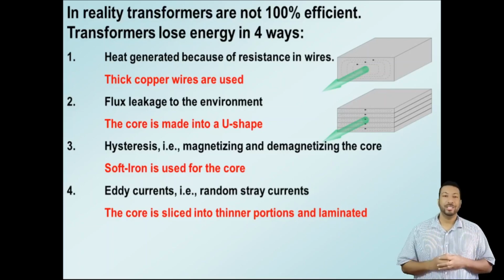It doesn't normally just flow from one end to the other end because there are 3 dimensions. So what they do is they take the iron core and slice it into thinner portions and laminate it. Once it's laminated, it's insulated, so the electricity can't flow from one slice to another slice, and so it just goes where it's supposed to in a straight line.